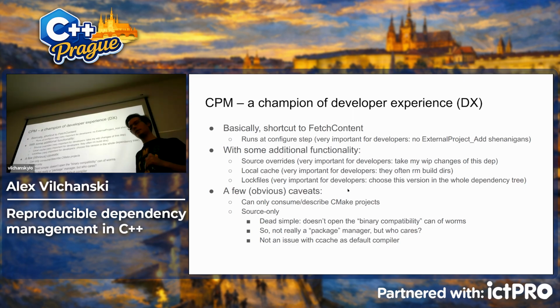And neither Make nor Ninja solve this issue. And CMake, of course, doesn't do that either because it's just a meta build system. It's just a build system generator. It's not a build system itself.